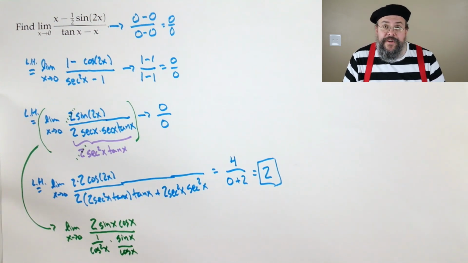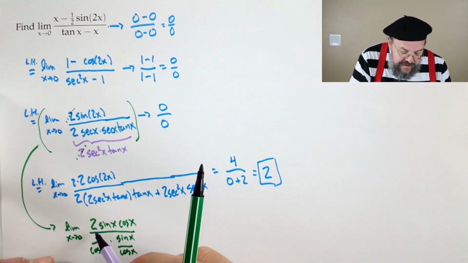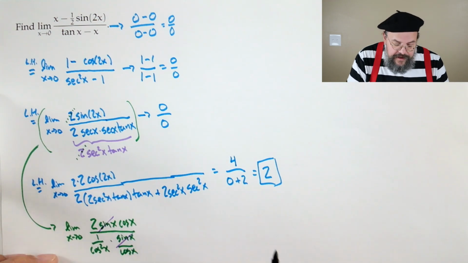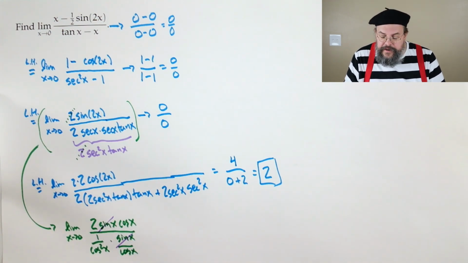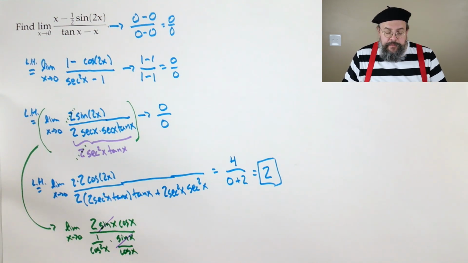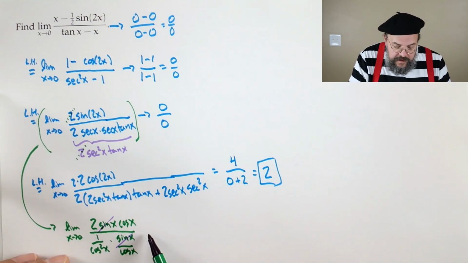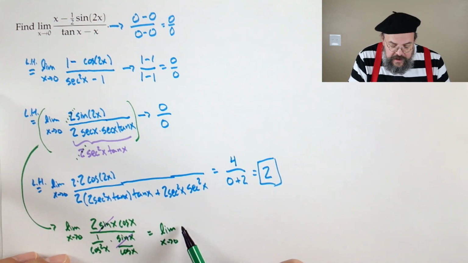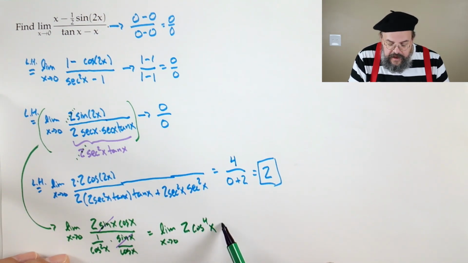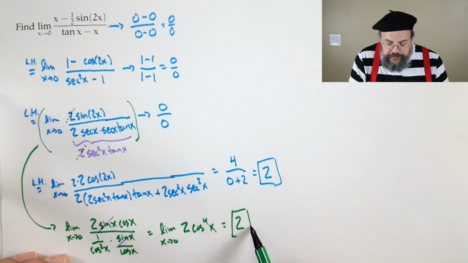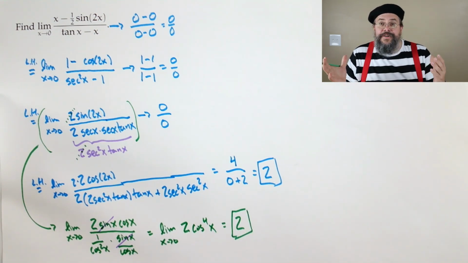You can cancel some sines. And see, the sines are what are causing the zeros. And now, all these cosines downstairs, you can flip them up, bring them upstairs. This is really the limit as x goes to 0 of 2 times, there's 1, 2, 3, 4 cosines, so cosine to the 4th x, and that's 2. And lo and behold, you're done.